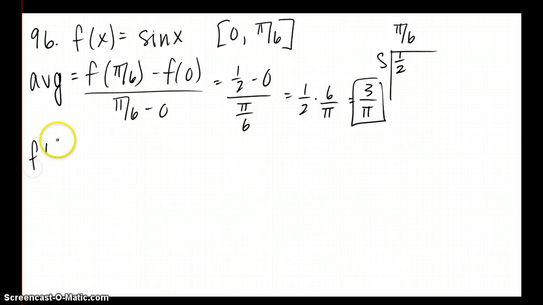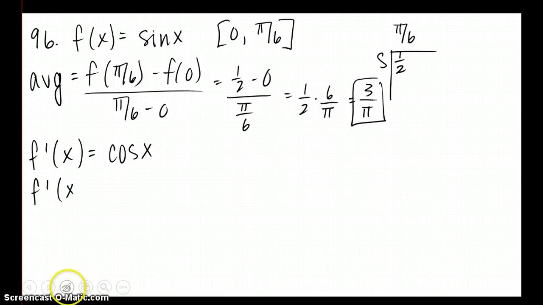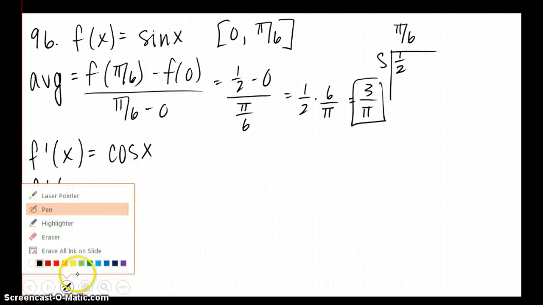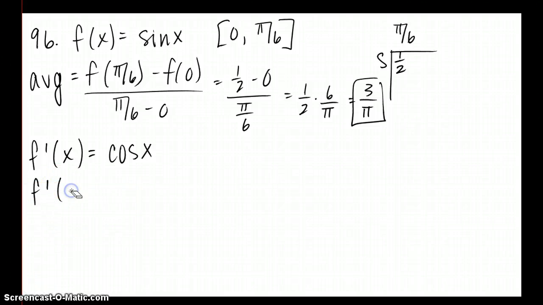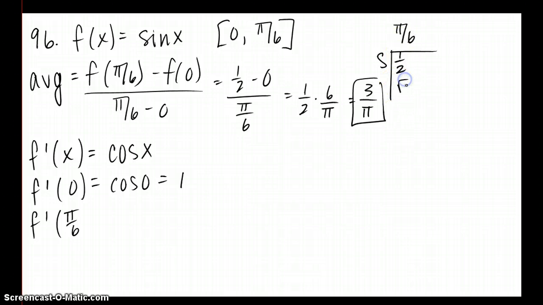Now the instantaneous rate of change, first find the derivative. The derivative of the sine function is cosine of x. So f prime of 0, cosine of 0 is 1. f prime of pi over 6, cosine of pi over 6 is square root of 3 over 2.